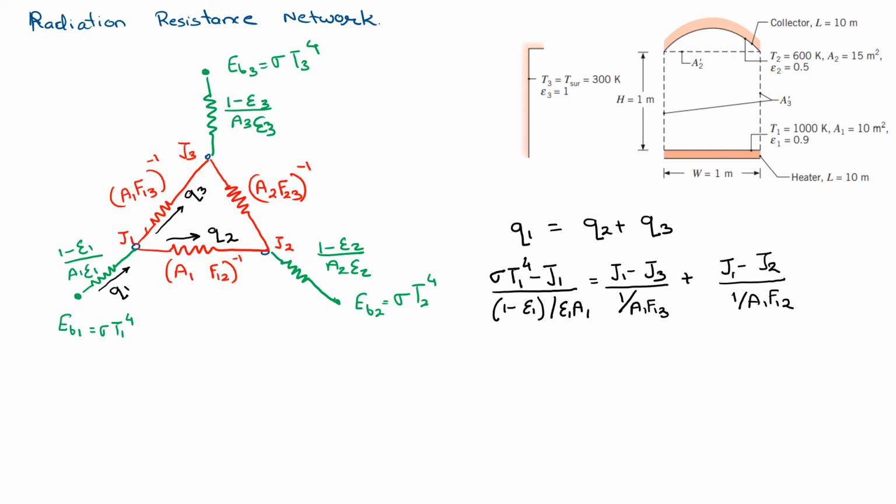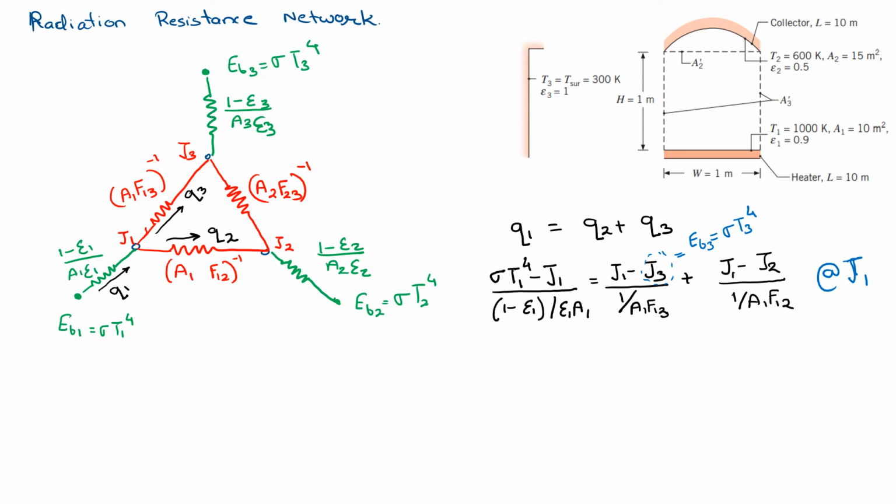Now we've already seen that this quantity J3, because there was no thermal resistance, was just equal to EB3, and we calculated the value for that, and this was simply sigma T3 to the power 4. Okay, so this is at J1.